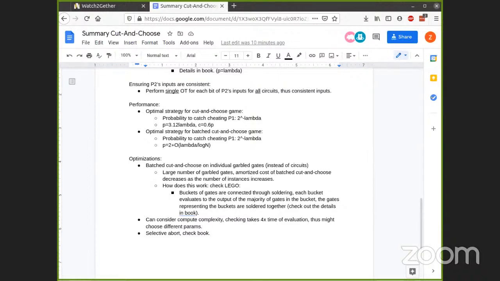Okay, so there are a few things left in the book. Most of them are also kind of constant factor optimizations. Looking for this talk, I found a talk which is an hour long, and it's basically on garbled circuit optimizations.